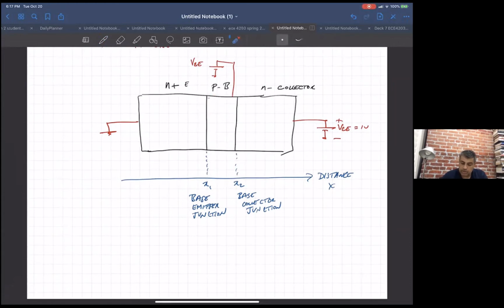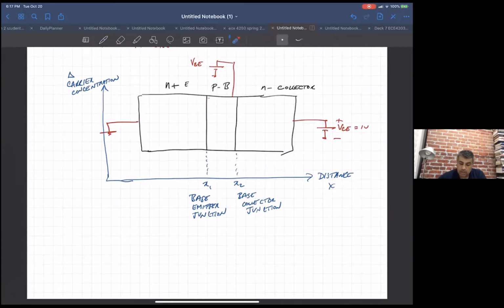So I'm going to make this axis the change in carrier concentration. Compared to what it was before it was forward bias, we get a bunch of electrons that just enter this side of the base.